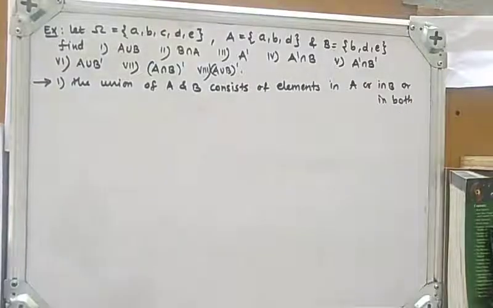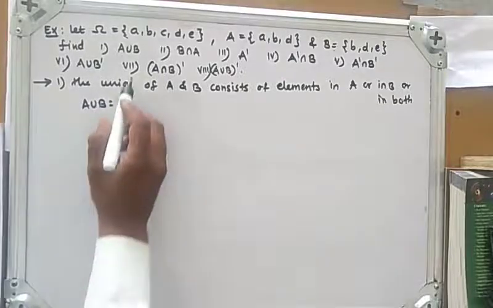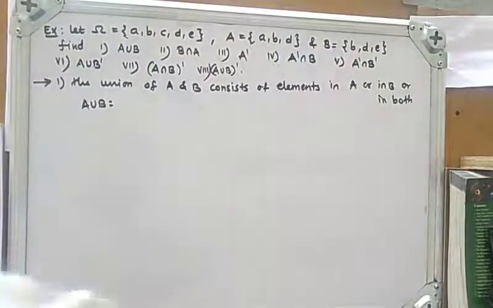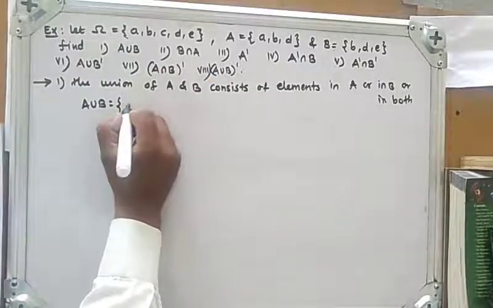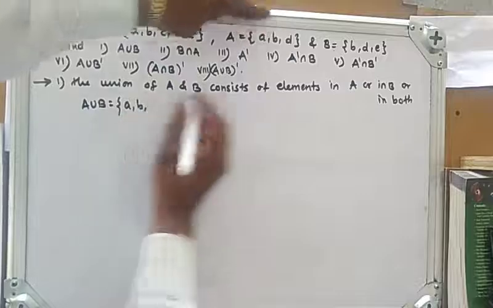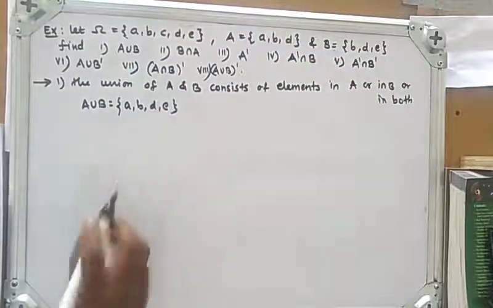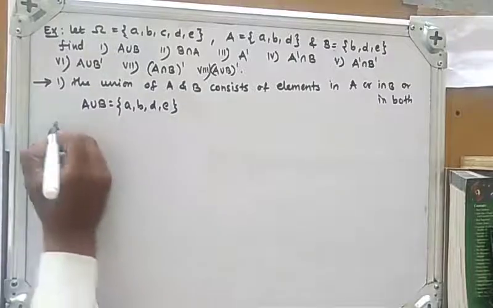So this is the definition of union. A union B is the elements which are either in A or in B. So we get A, B, D and E as the union, right? So this is A union B.